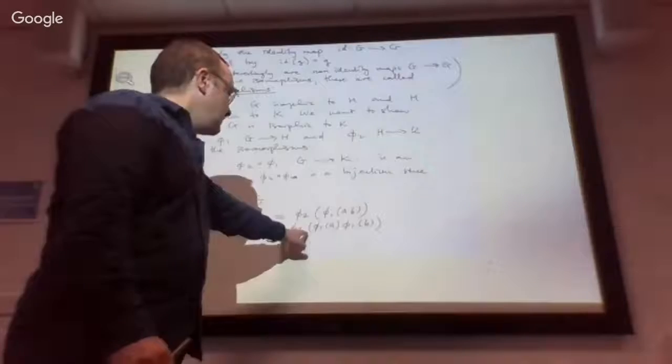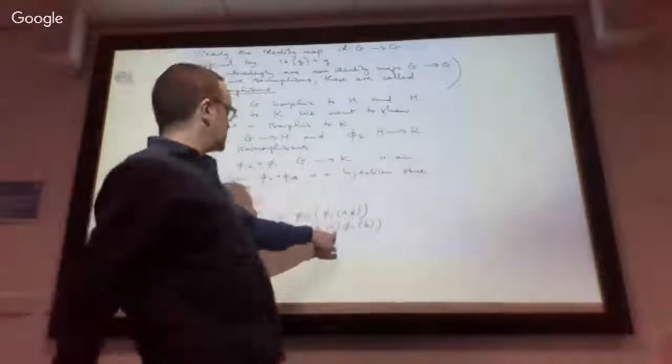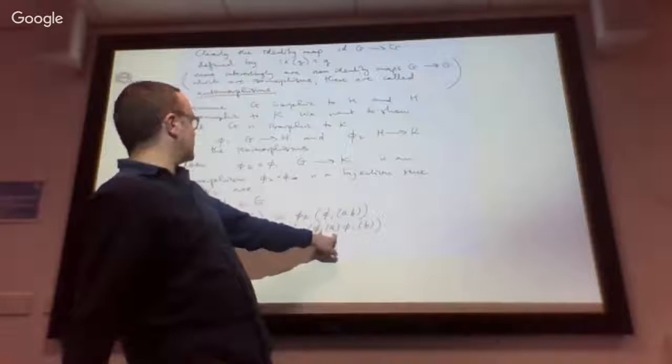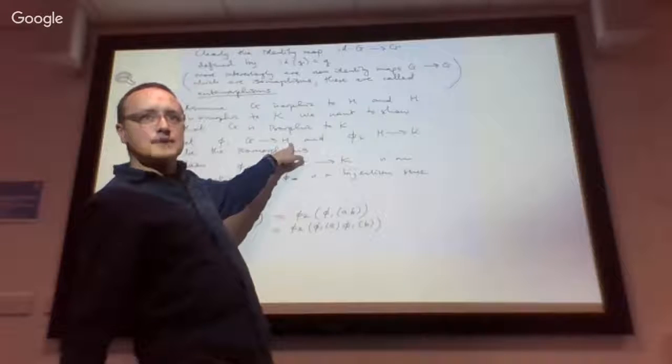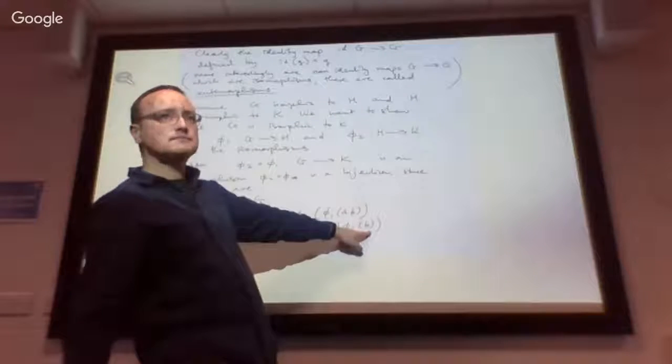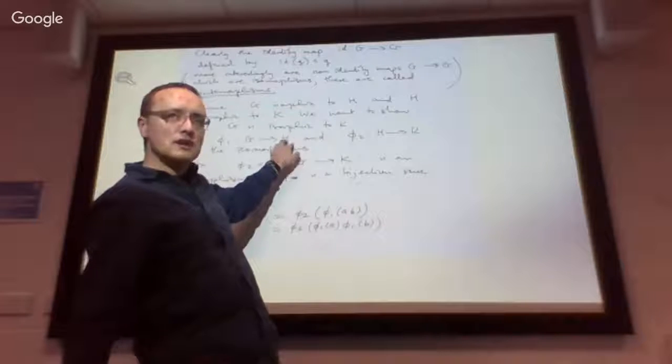But now we see phi2 applied to, well, what are these here? Phi1 of A is an element inside H, and so is phi1 of B. A and B are in G, so you map them using phi1, you have two elements of H.